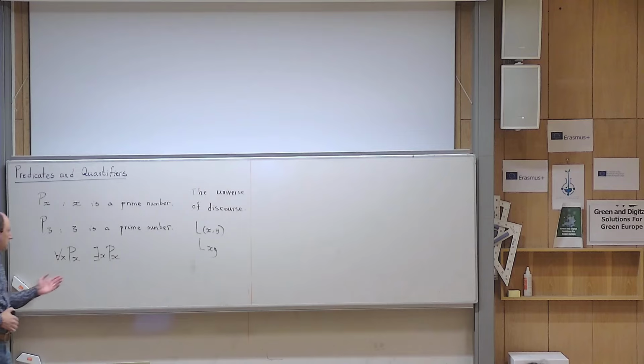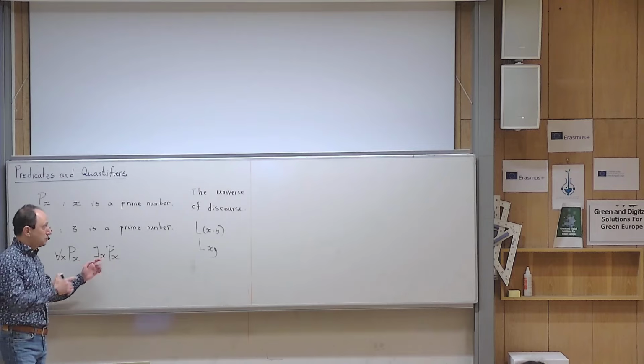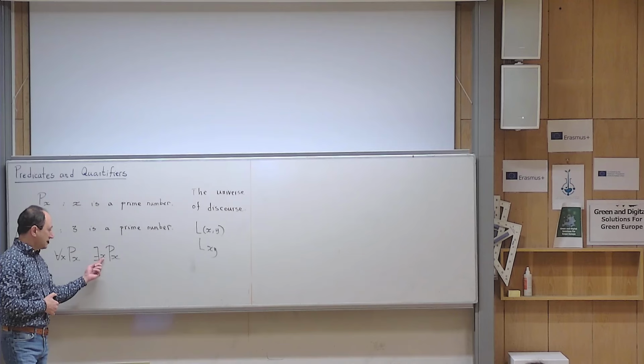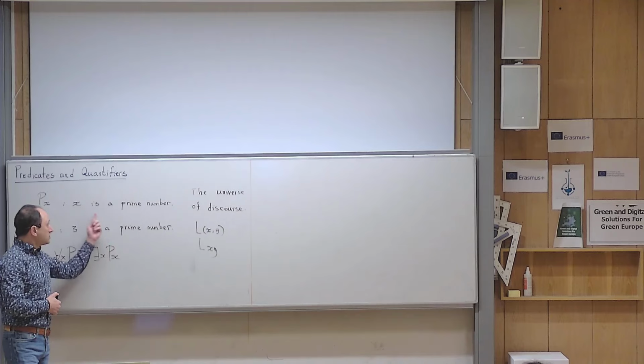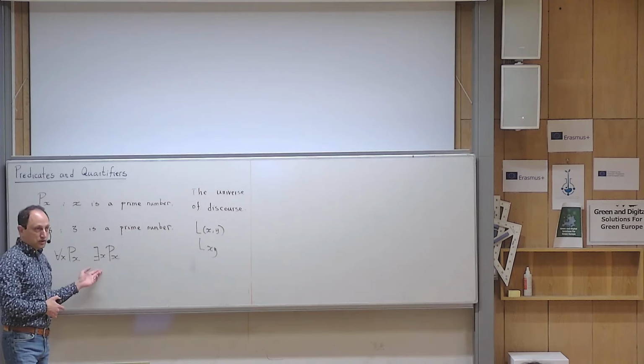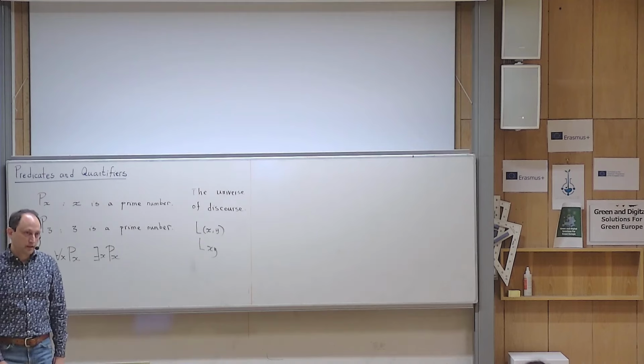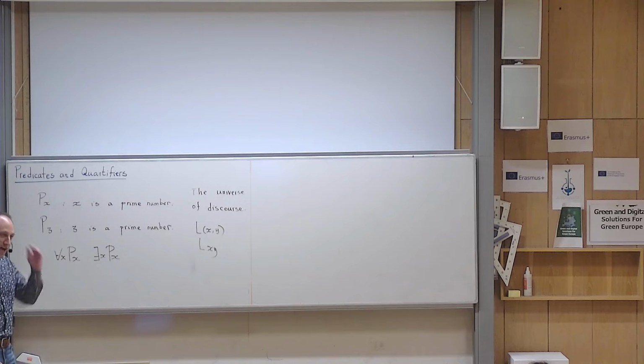This is claiming that there exists an x where, because I have chosen the universe of discourse to be the set of natural numbers, there exists a natural number such that x is a prime number, which in this case is true. So you see that this is now a proposition. Is that understandable?